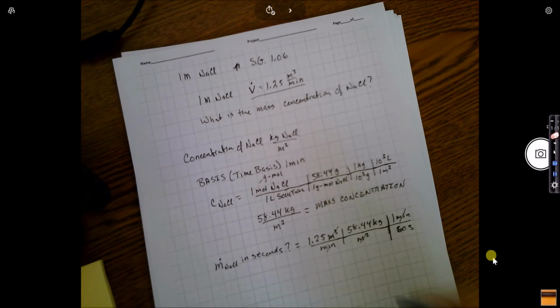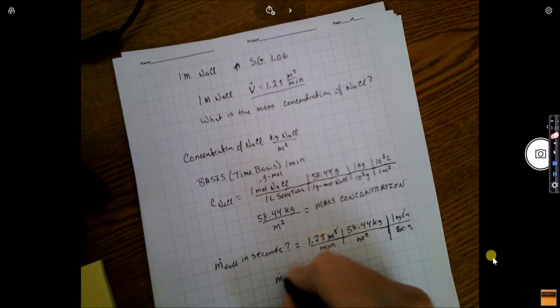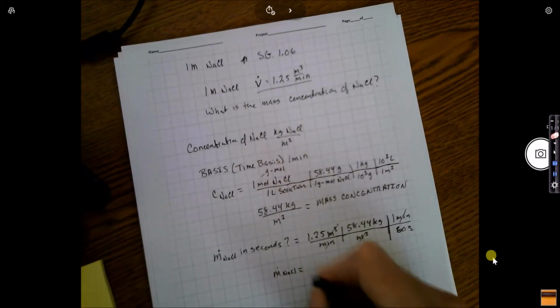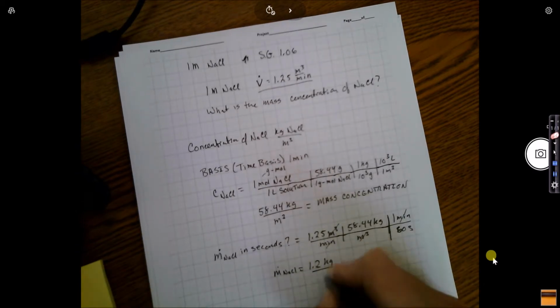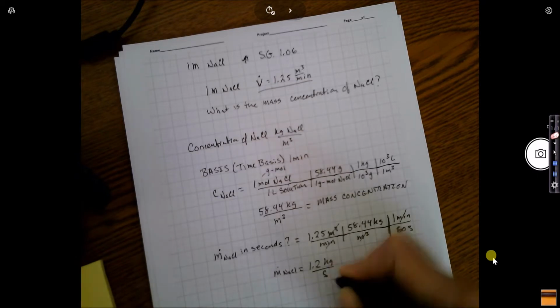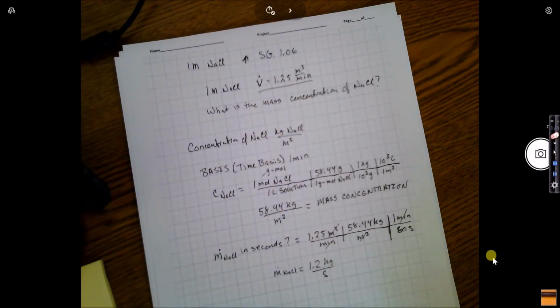And so the mass flow rate of sodium chloride in seconds is 1.2 kilograms per second.